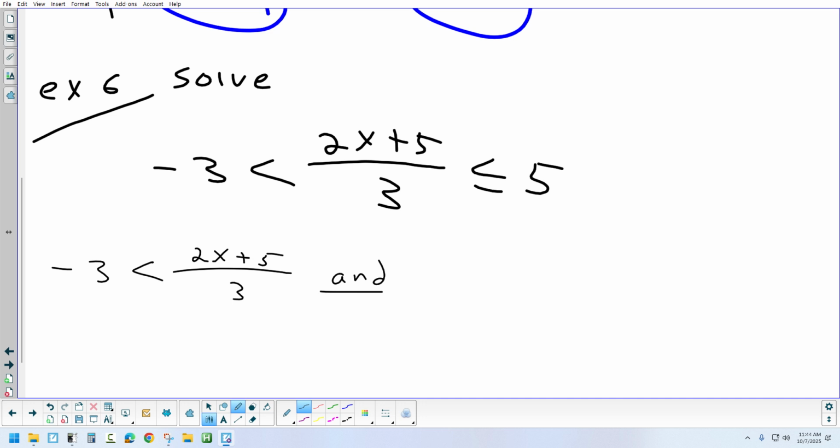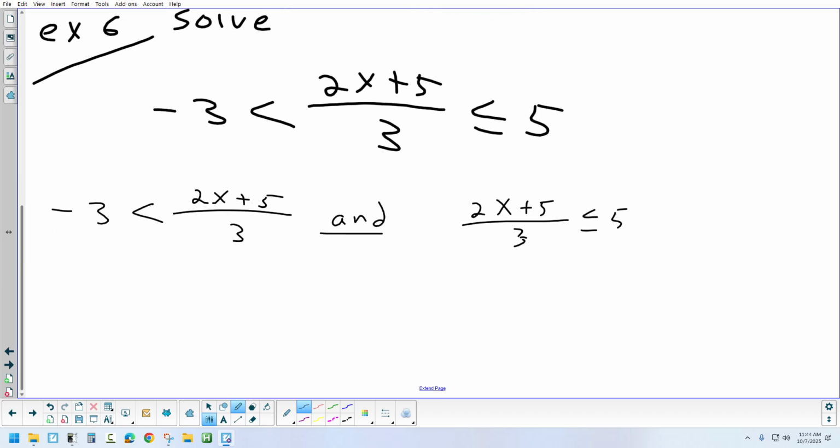And what would be the second one? Yep, Nico? 2x plus 5 divided by 3 is less than or equal to 5. Yeah. And now we just solve each inequality. It's going to be the same 3 steps. Times 3, minus 5, and then divide by 2.